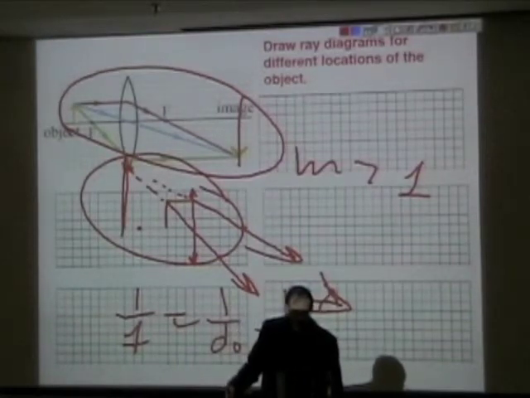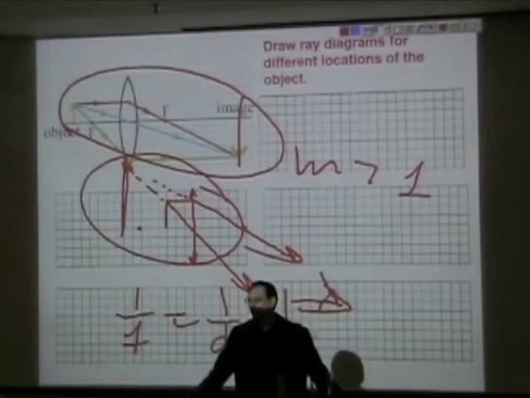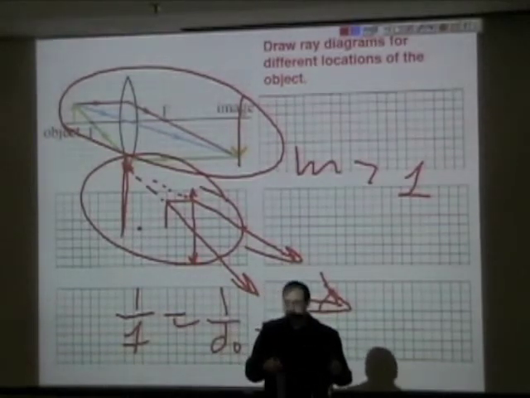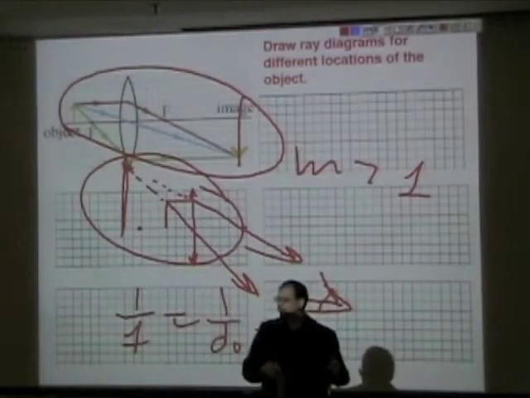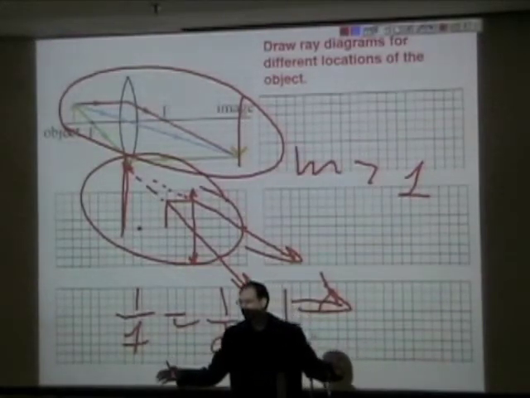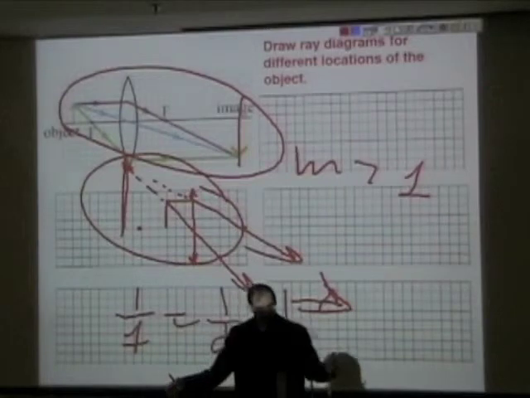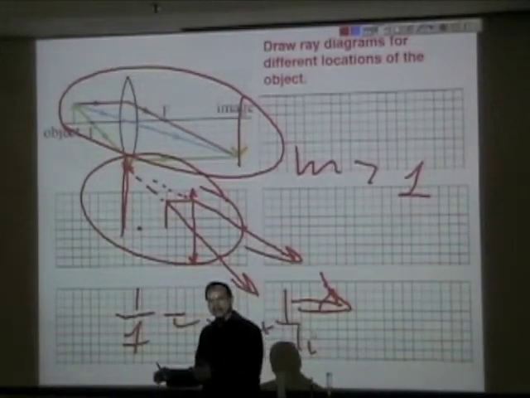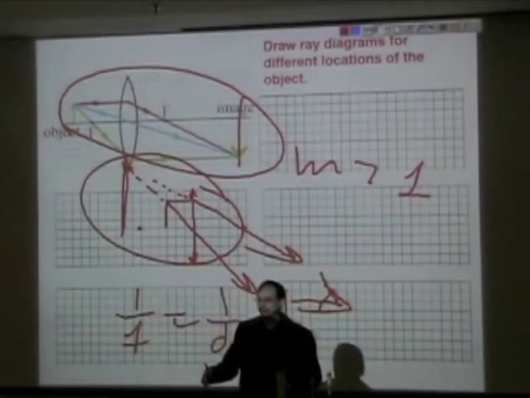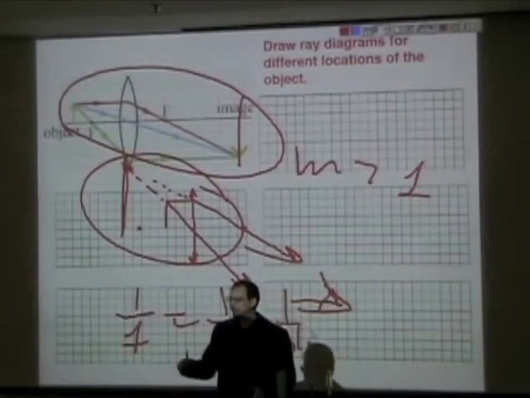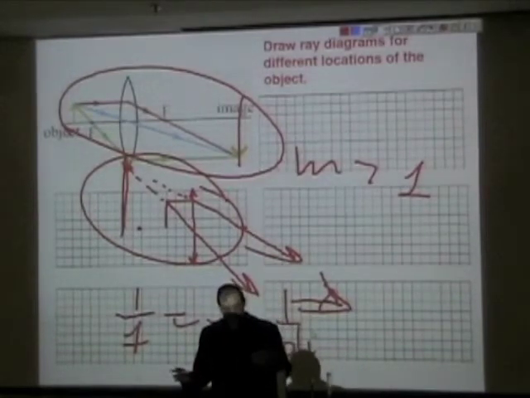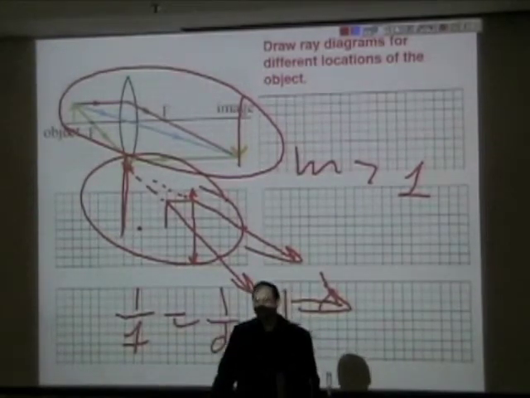So, to achieve the largest or the smallest image possible, what do you do? You need to make the object and the screen as far apart as possible. Then if you move the lens in between, at some point the image reaches its maximum possible size, and at some point its smallest possible size.